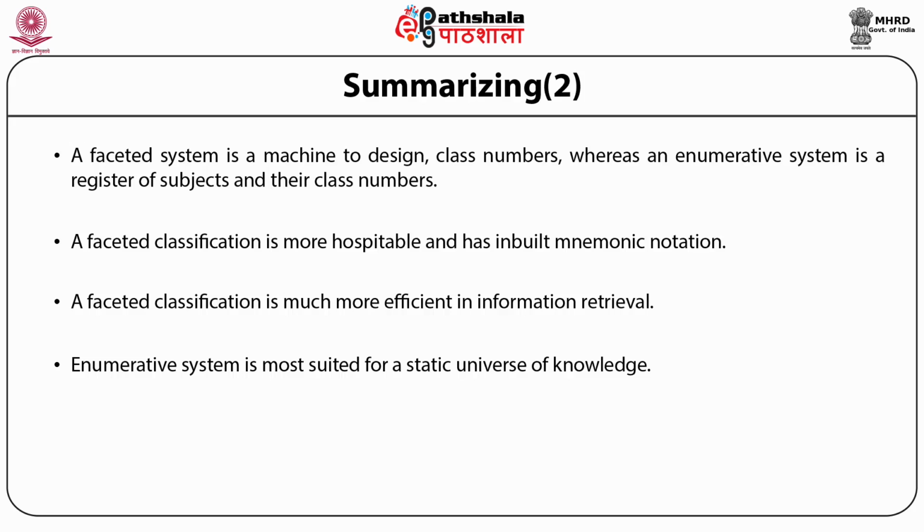But this is not the case, as the universe of knowledge is growing and growing turbulently. Therefore, enumerative systems are no more in fashion, and everybody is resorting to or recommending the use of faceted classification systems. Not only this, all the modern classification systems are faceted in nature, whether they are general classification or special classification systems.